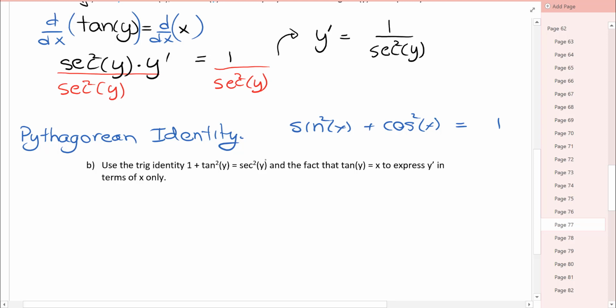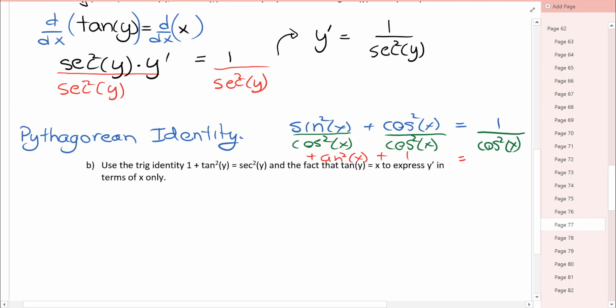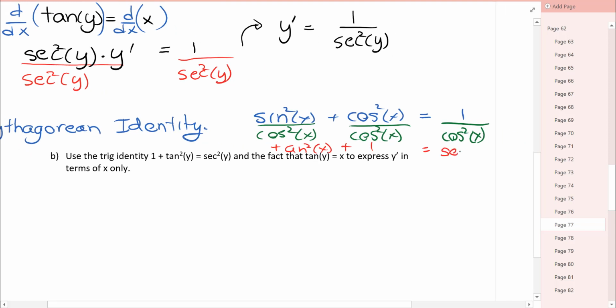Well, if you come along and divide everything by cos squared, sine squared over cos squared is tan squared. This gives you tan squared x plus 1 equals, and 1 over cos squared is secant squared, because secant is 1 over cos.